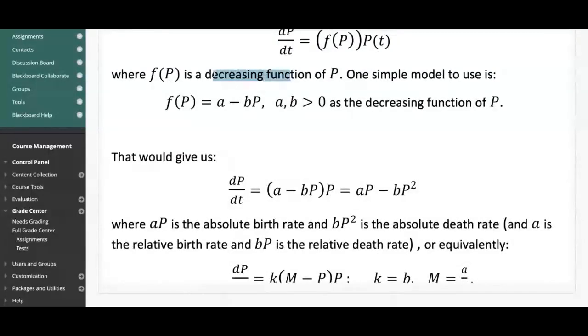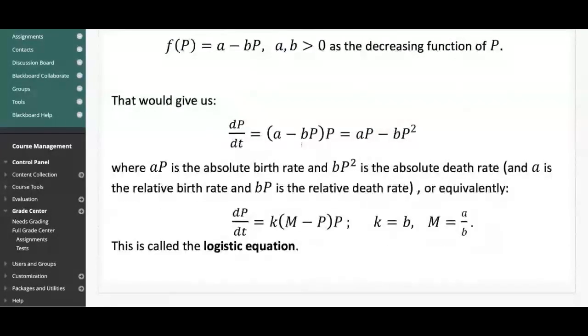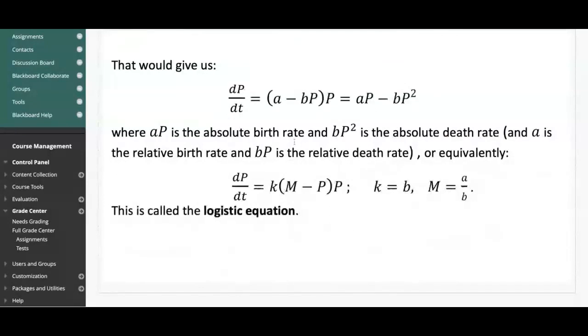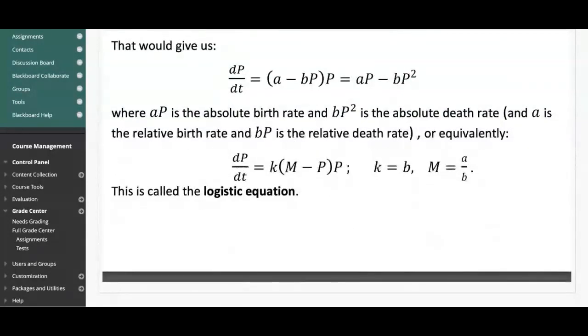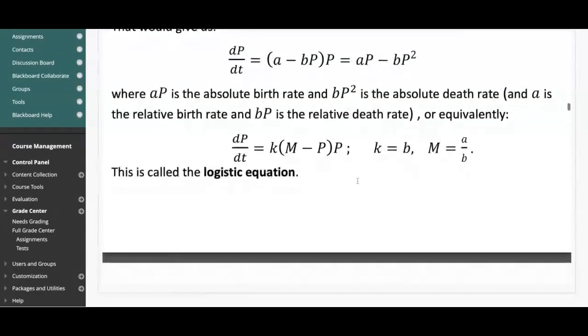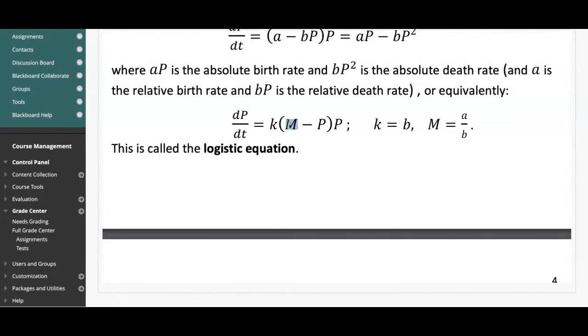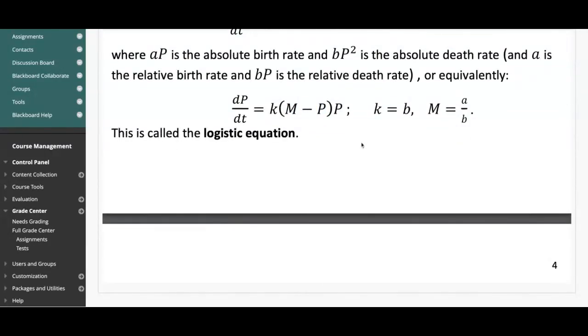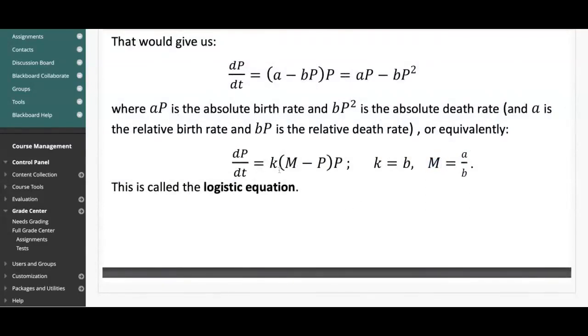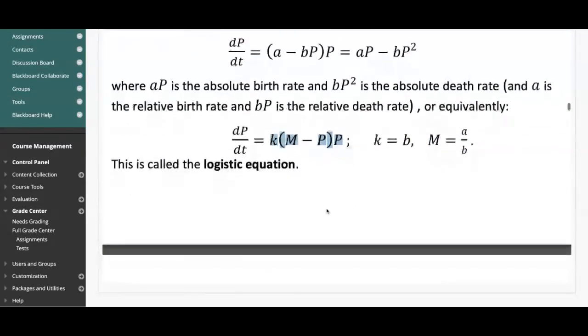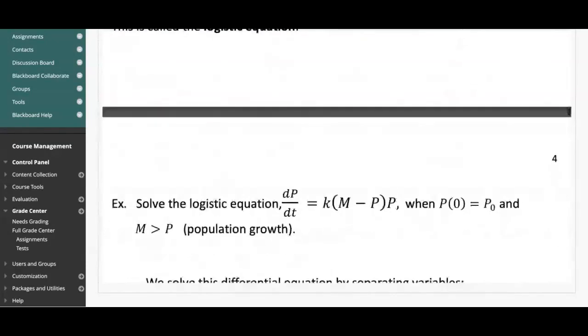So this is a decreasing model, or sometimes maybe we'll have an increasing model. Equivalently, we come from this. We use M minus P times P to represent it. In that case, we don't really have to care about that. So this becomes our model, and we call this the logistic equation.